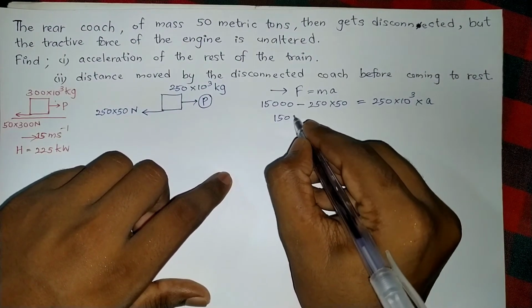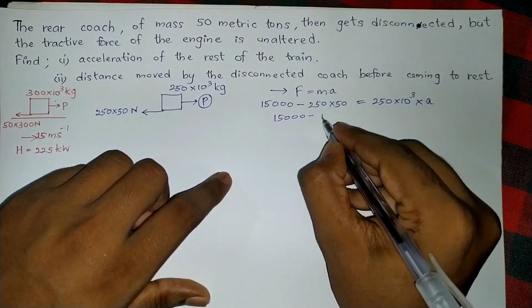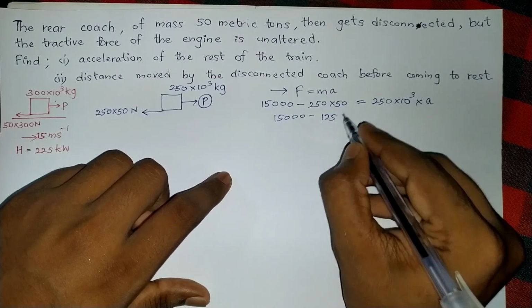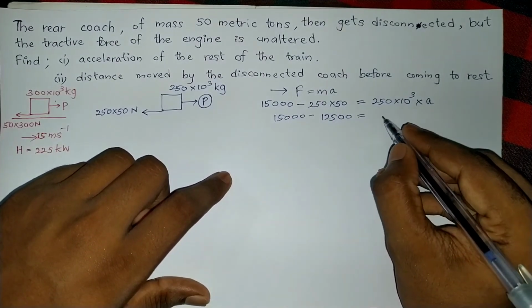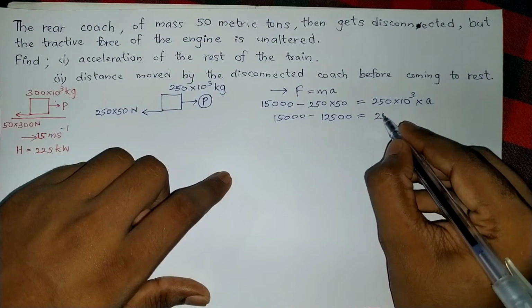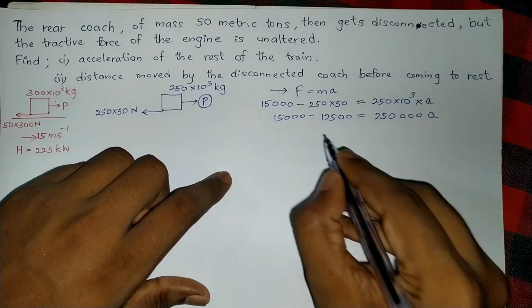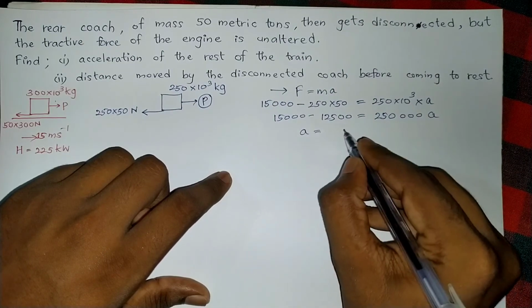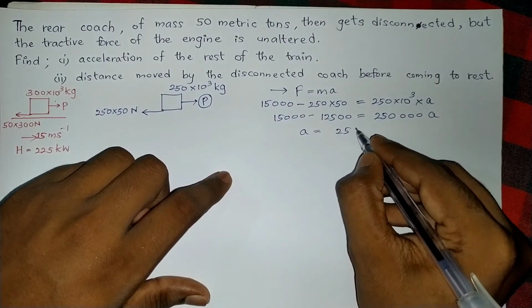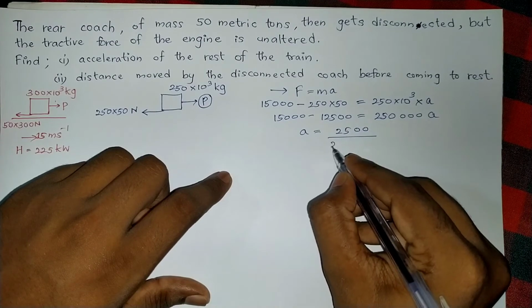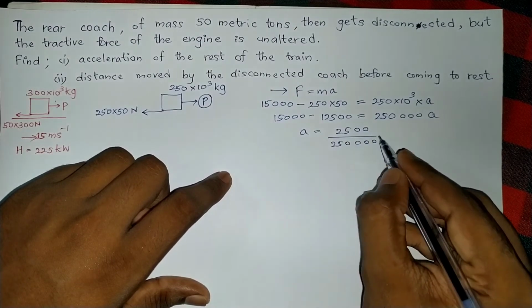This is 15,000 minus 25 into 5, 125, and we have two zeros, 12,500. This is 250,000 times A. The difference is 2,500 divided by 250,000.